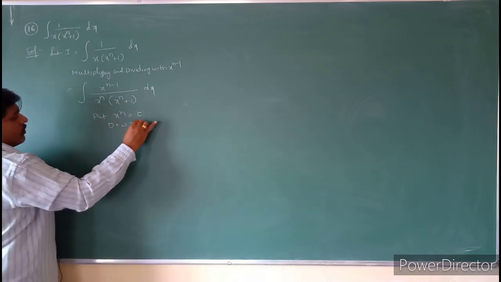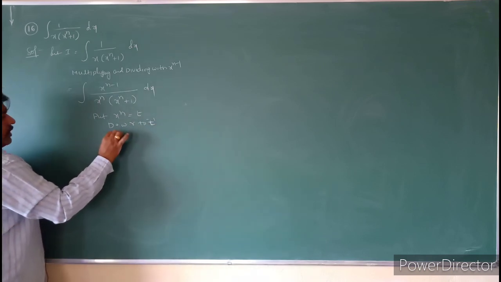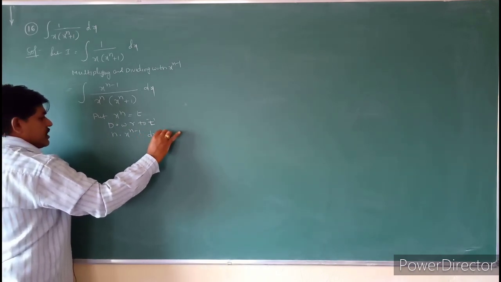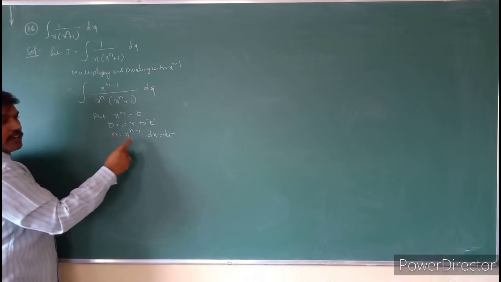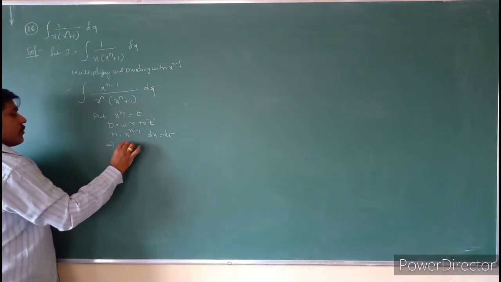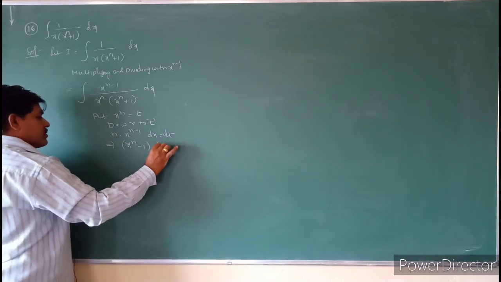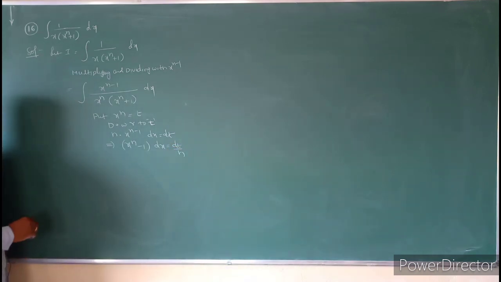Differentiate with respect to t: n into x power n minus 1 into dx is equal to dt. The derivative of x power n is n into x power n minus 1, so n into x power n minus 1 into dx is equal to dt. That implies x power n minus 1 into dx will become dt by n.